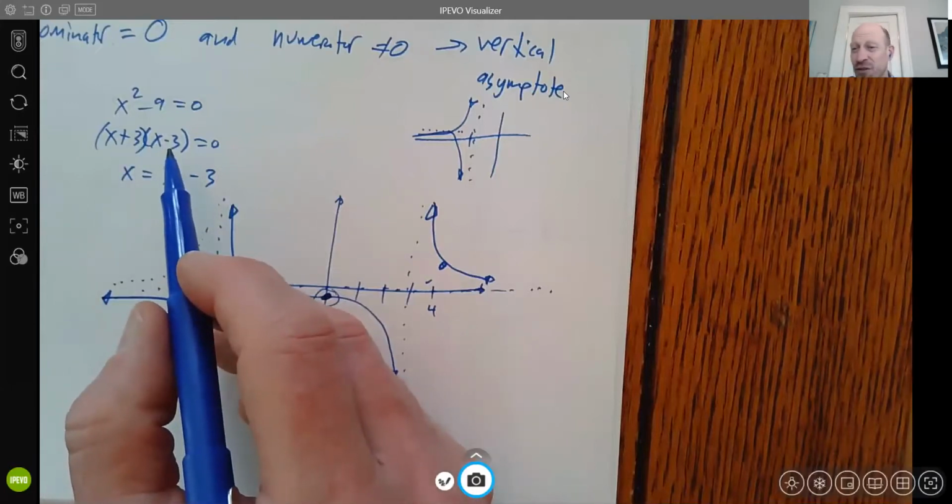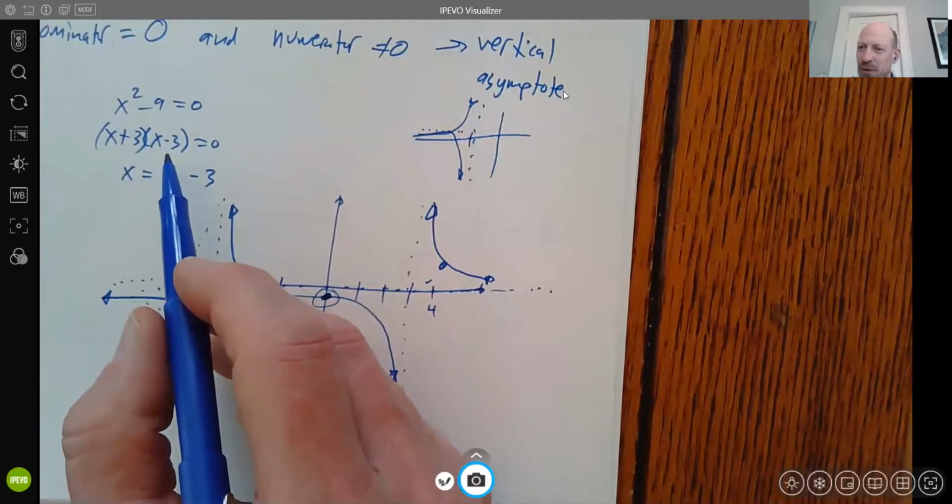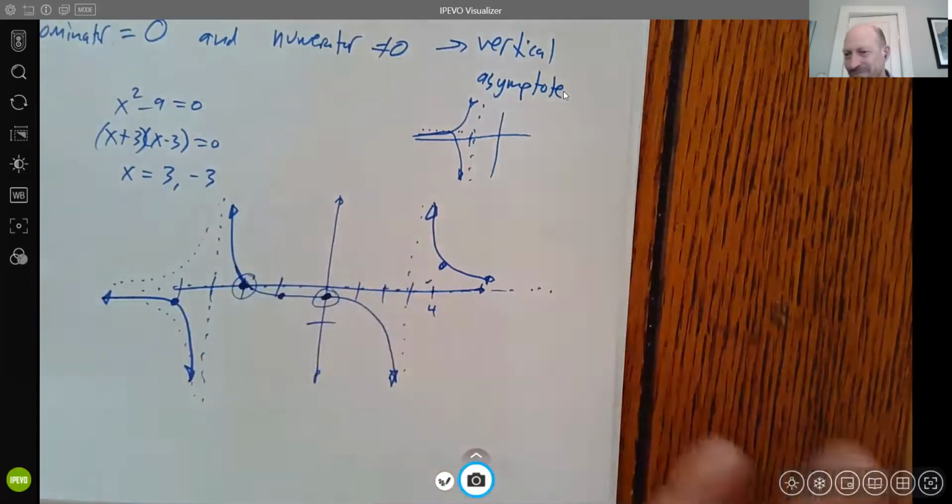Otherwise, if you have to use the quadratic formula, you get really messy numbers for the vertical asymptotes, which we're not quite that mean. We're pretty mean, but not that mean. So the short answer is yes. You'll always really want to factor both the numerator and the denominator to help you answer these questions.